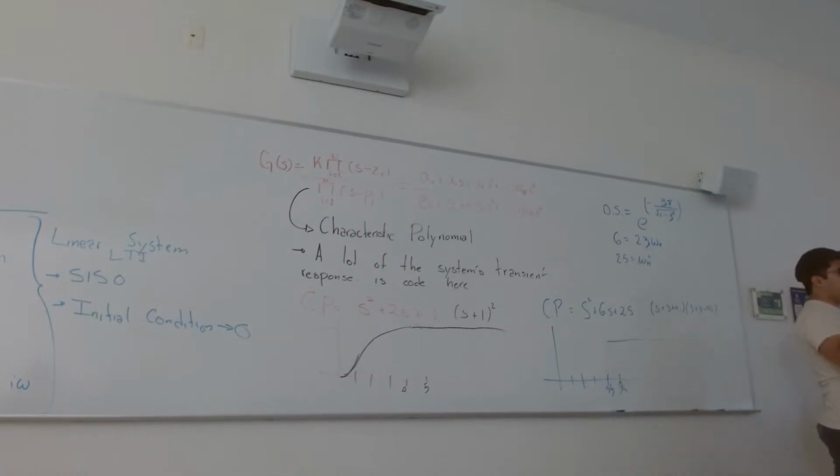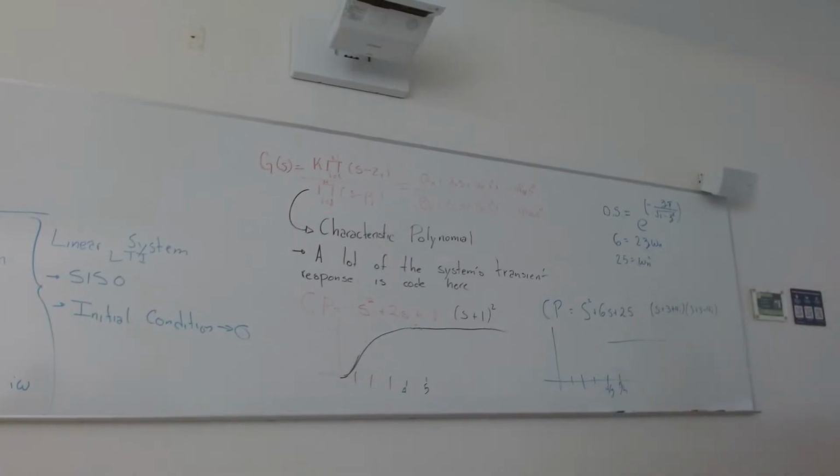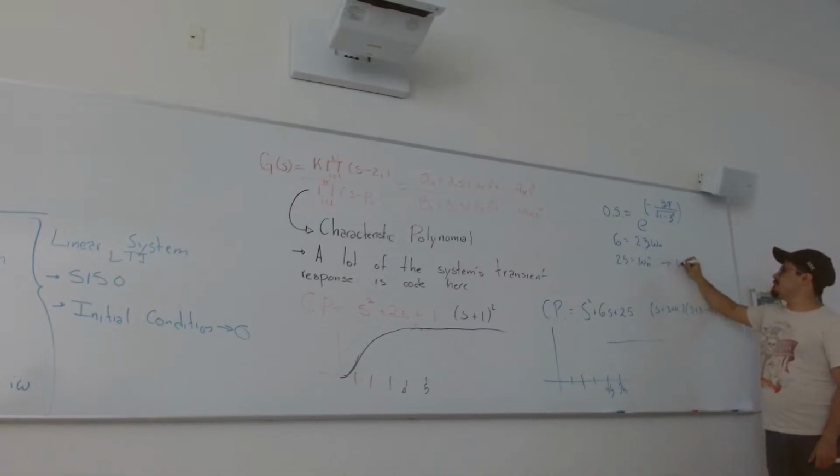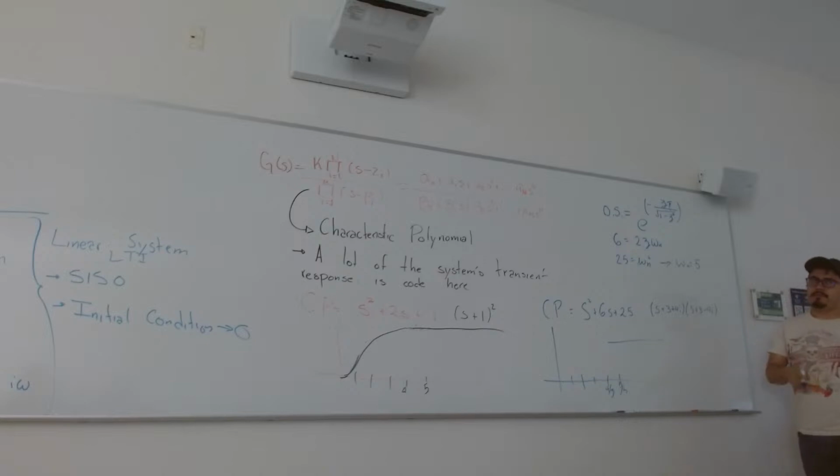So I have 3 things I need to know, therefore I need 3 equations. As easy as it gets. This means natural frequency is going to be 5. Why am I not writing plus minus 5, which would be correct?